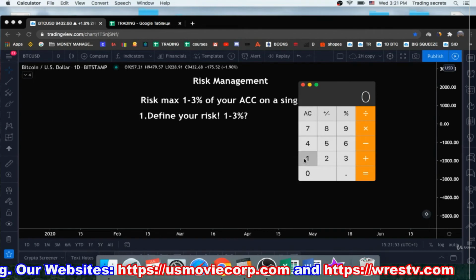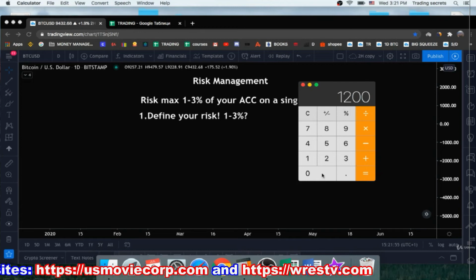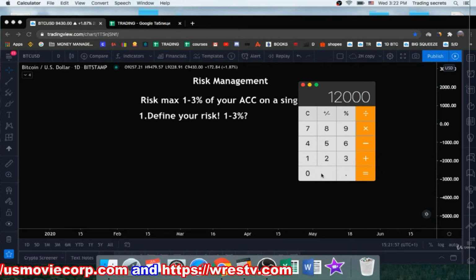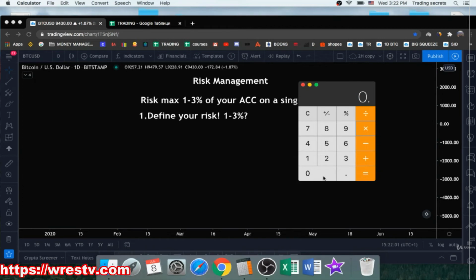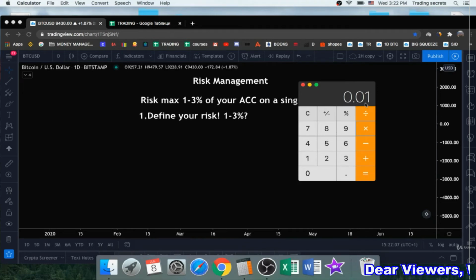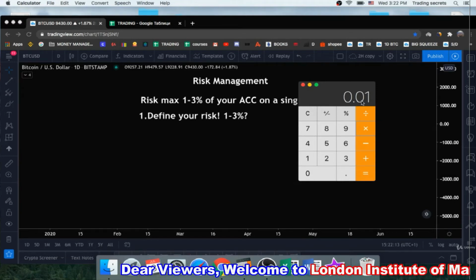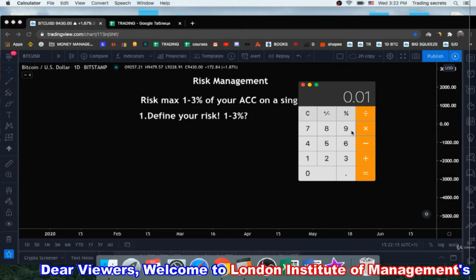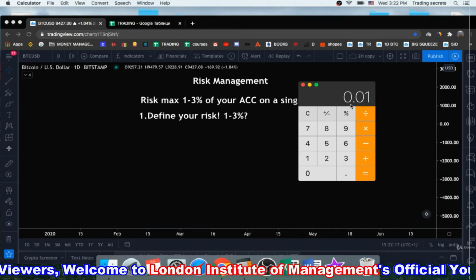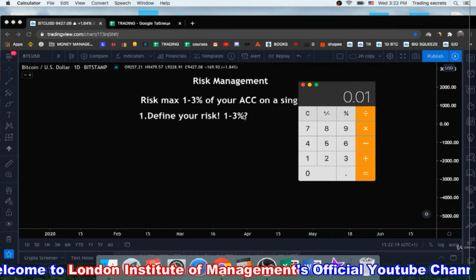If you are trading on a $12,000 account, multiplied by 0.01. So basically, if your risk is 1%, it's going to be 0.01. If you want to risk 2%, you will multiply by 0.02, right? In the previous example, I think I multiplied by 0.02.